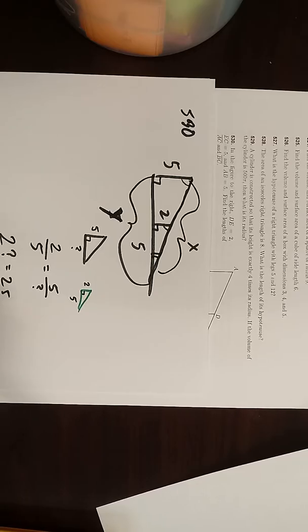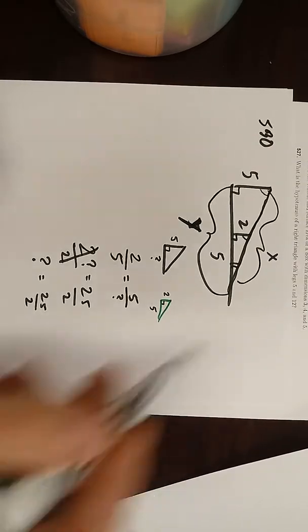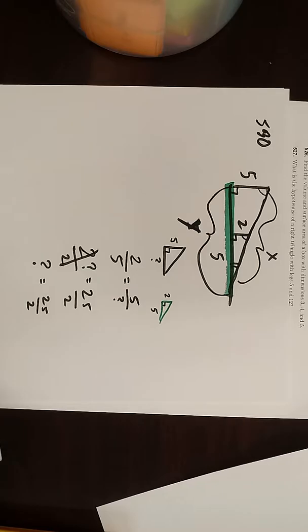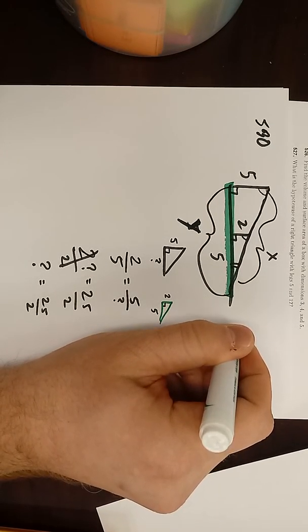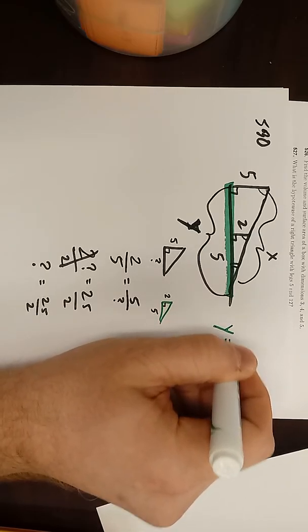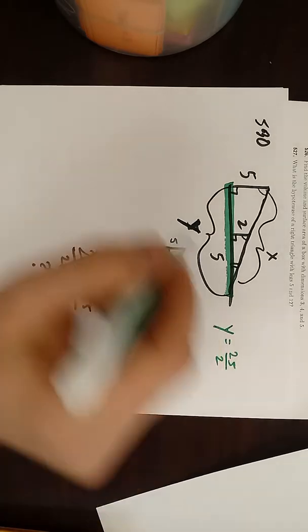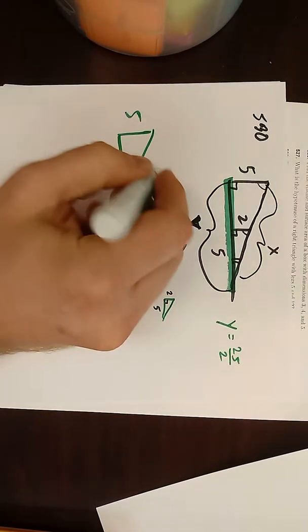If we divide both sides by 2, our I don't know is equal to 25 over 2. And on this big picture, it's going to be the entire side. So that entire side, y, is going to be equal to 25 over 2. Now if I've got 5 here, I've got 25 over 2 here. I can find my third side there.